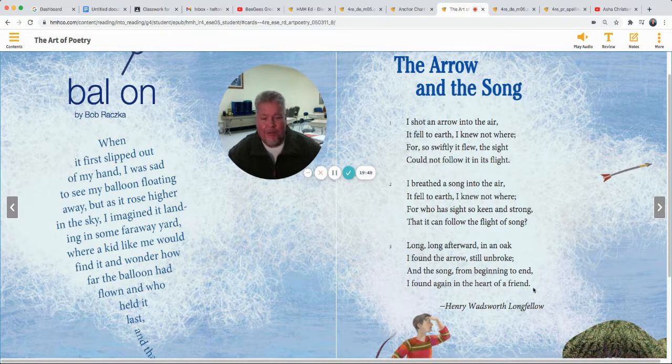So shooting an arrow is going to land it somewhere else. We might find it later. Sharing a song, a poem, a thought, it's going to go somewhere, isn't it? Maybe you say something nice to somebody and it lives in their heart. He found his poem again in the heart of a friend. Deep poem.